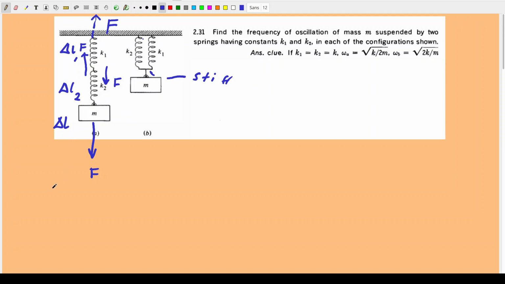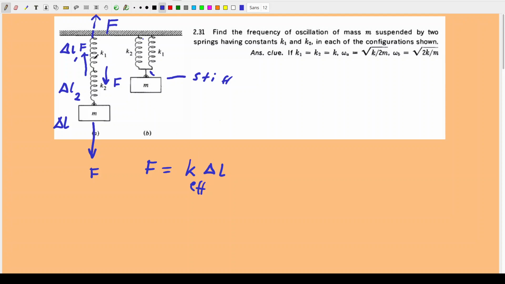So we know from Hooke's law that F is something like the spring constant times the extension. If we think about this system here, we can say the effective spring constant.